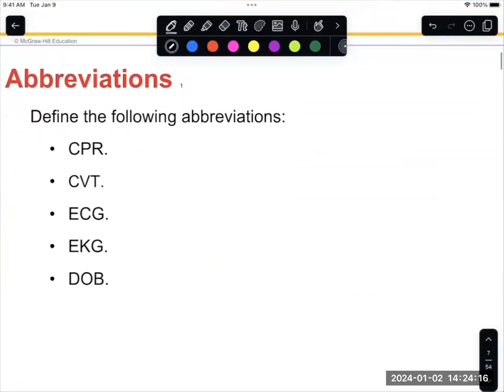So let's look at some different abbreviations that deal with the heart.